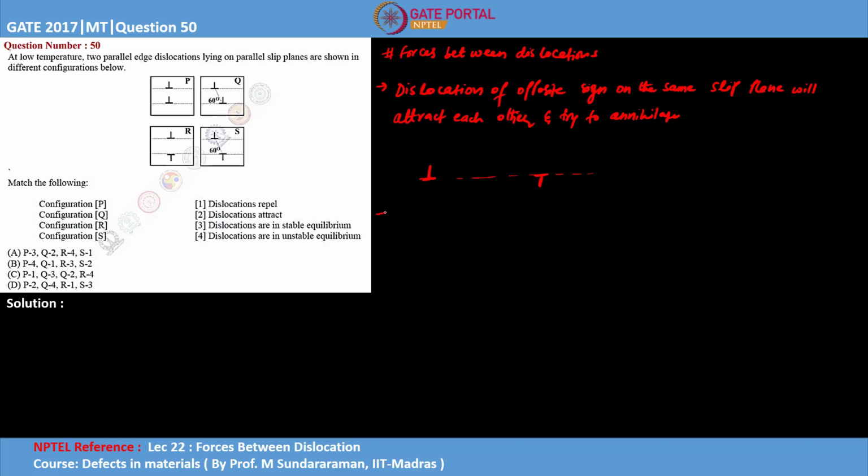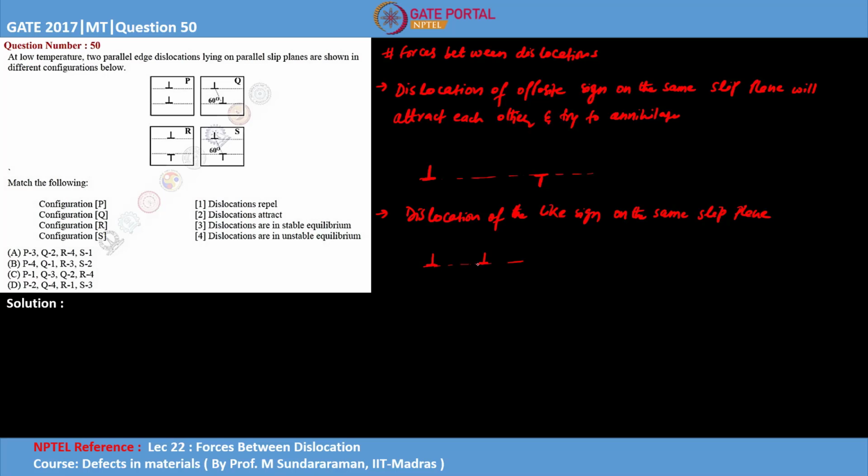In another case, let's say we have dislocations of like sign, the same sign, on the same slip plane. For example, this is our slip plane and this is our first dislocation, and on the same slip plane this is our second dislocation. So in that case, what will happen?